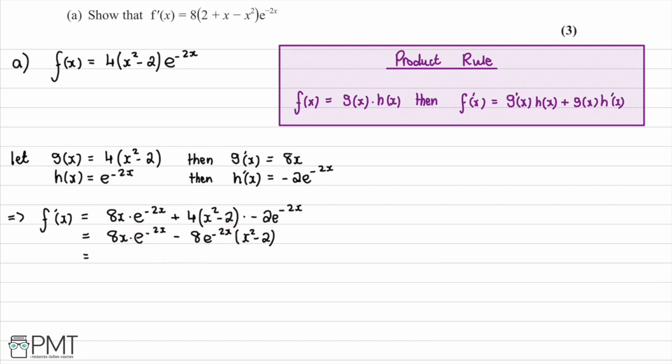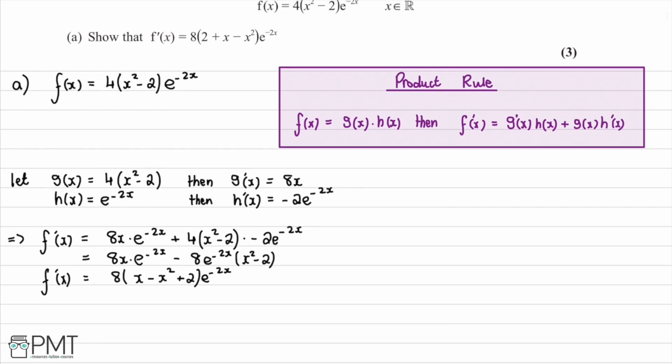So this is still f dash x, and we take out our common factor of 8, and then to get to the first term, you multiply by x, for the second term you multiply by negative x squared, and then positive 2, and then we have our other common factor, e to the power of negative 2x.